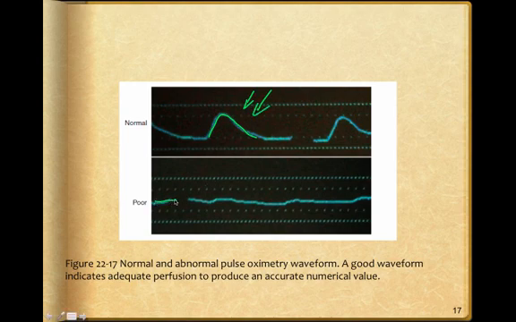Now this is giving us hardly any waveform, and this would be the pulse ox. So I would not trust this information unless I got something consistent, or a consistent heart rate that would match what was on the EKG.